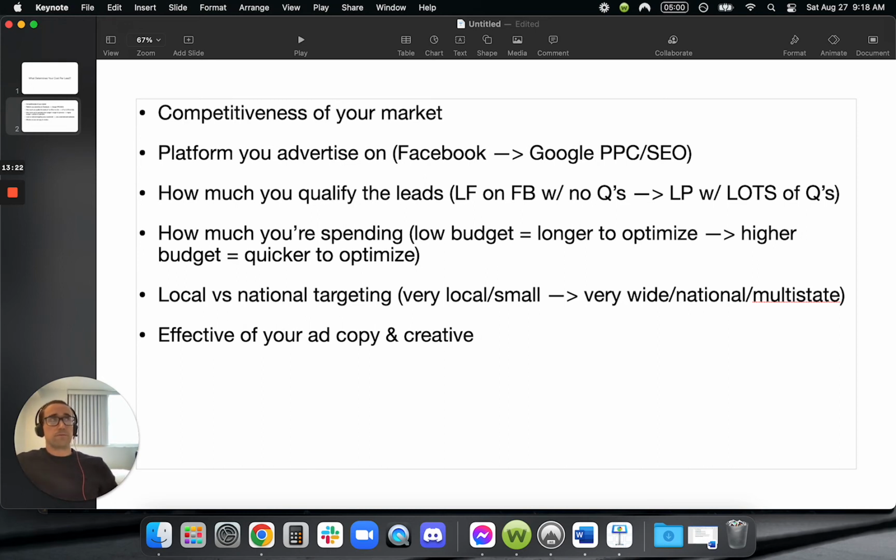So if you are running ads that are not written well, if you're showing images that just don't resonate with your target audience, or maybe your images are too bland or too dark, or they don't stand out at all, maybe the video that you created, the audio is really bad and nobody can hear what you're saying, or maybe there are so many different factors that can affect what someone clicks on.